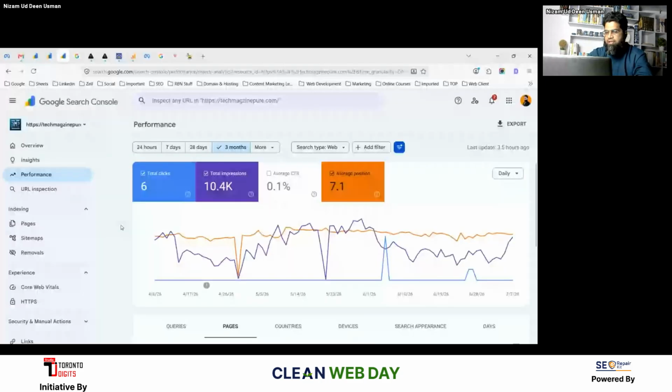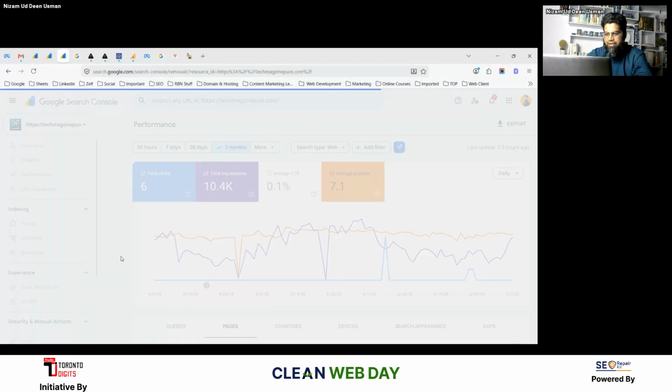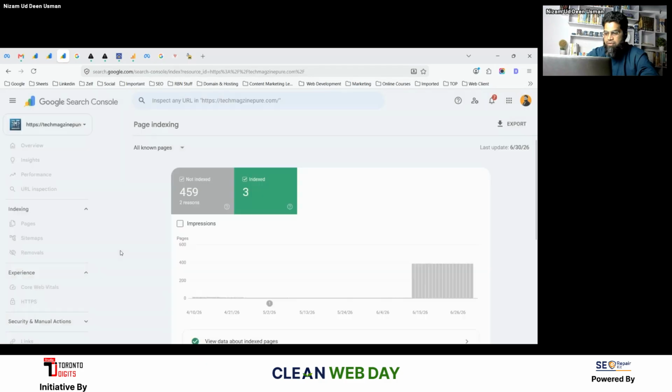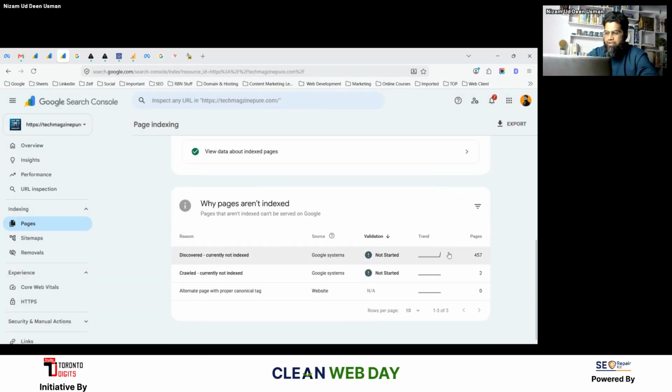This is the website I am talking about, the multi-niche blog where I accidentally removed a whole category and got all the indexed pages of the website removed from Google.